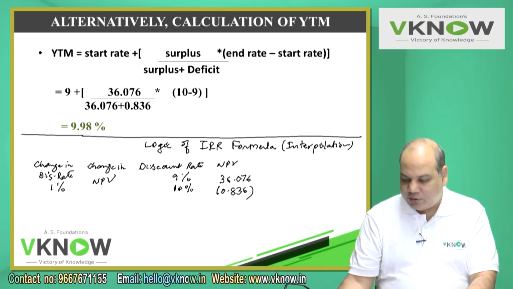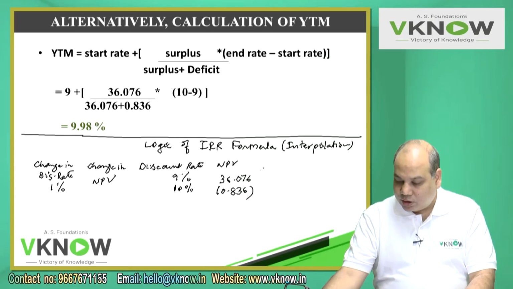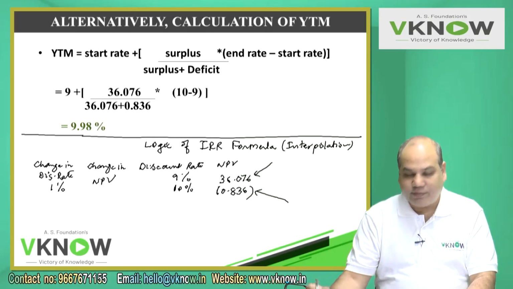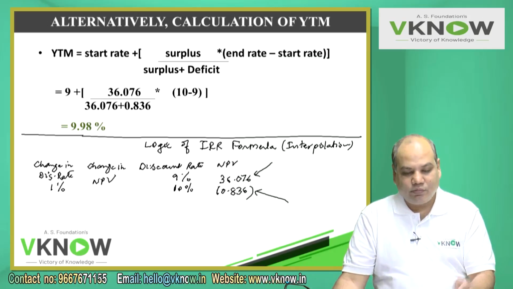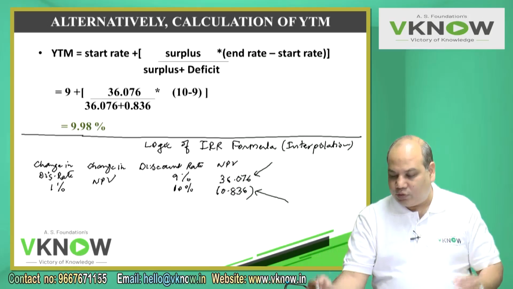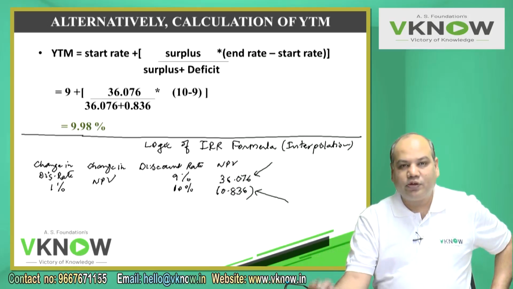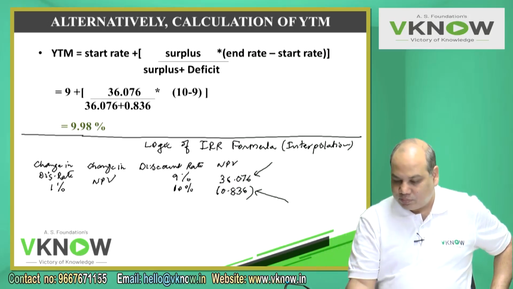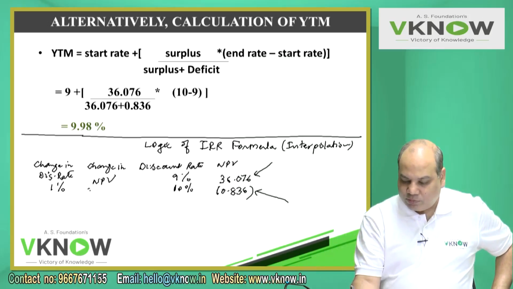Change in NPV. Now you see, NPV was earlier positive. It became negative. So from positive, it became negative. So I have to take 36.076 minus minus 0.836, so minus minus will become plus.